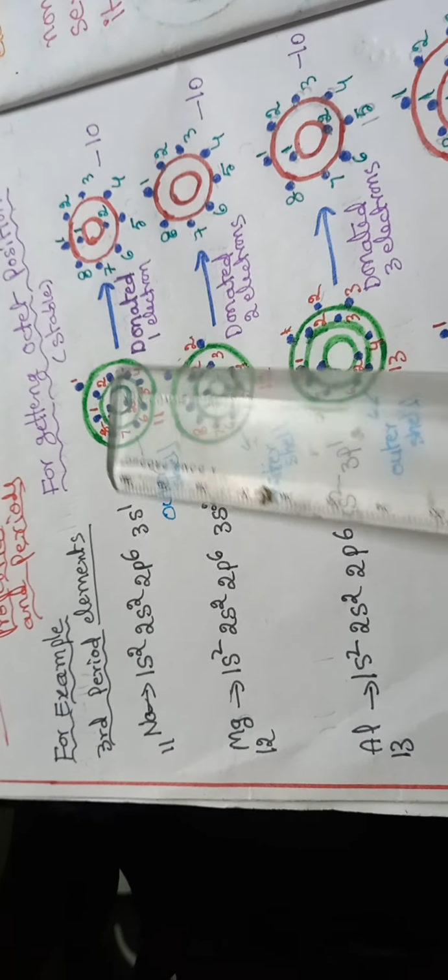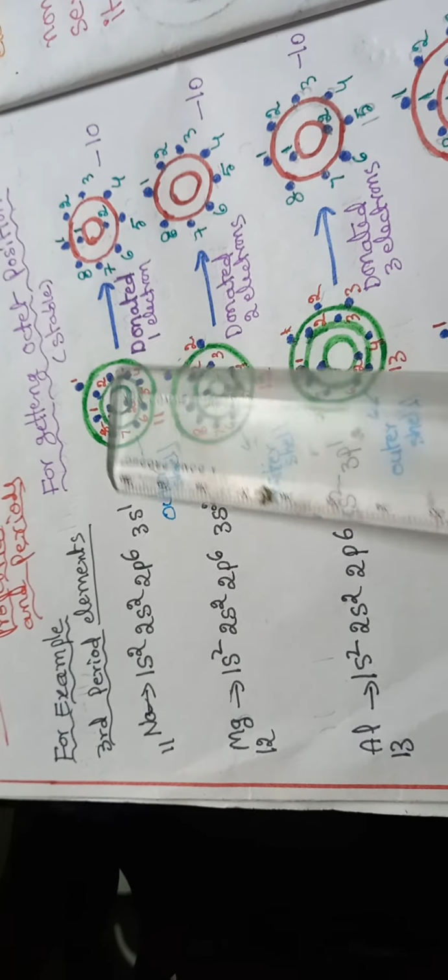Here the electrons are distributed in main shells: 1, 2, 3, so 3 main shells are there. Here 1 electron is in the outer shell. The outer shell means the third main shell.